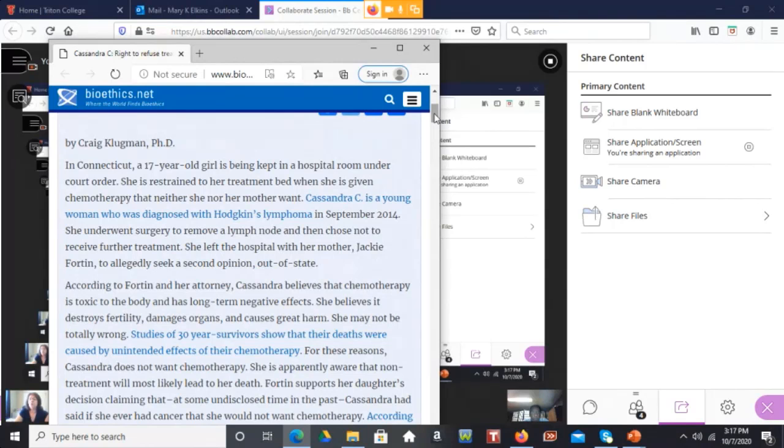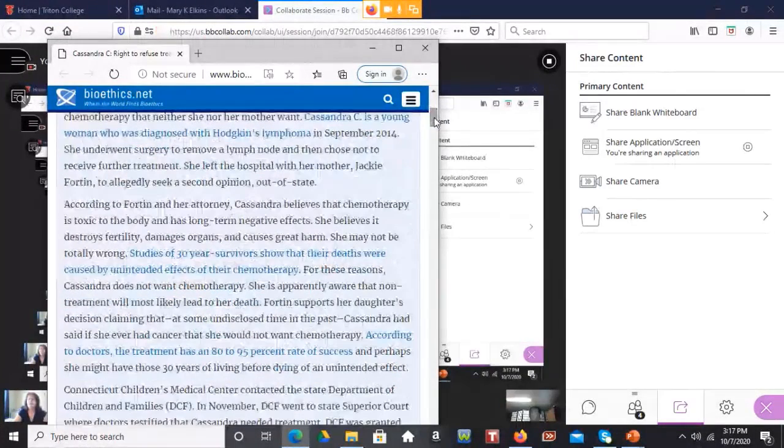Cassandra C. is a young woman who was diagnosed with Hodgkin's lymphoma in September 2014. She underwent surgery to remove a lymph node and then chose not to receive further treatment. She left the hospital with her mother, Jackie Fortin, to allegedly seek a second opinion out of state. According to Fortin and her attorney, Cassandra believes that chemotherapy is toxic to the body and has long-term negative effects.